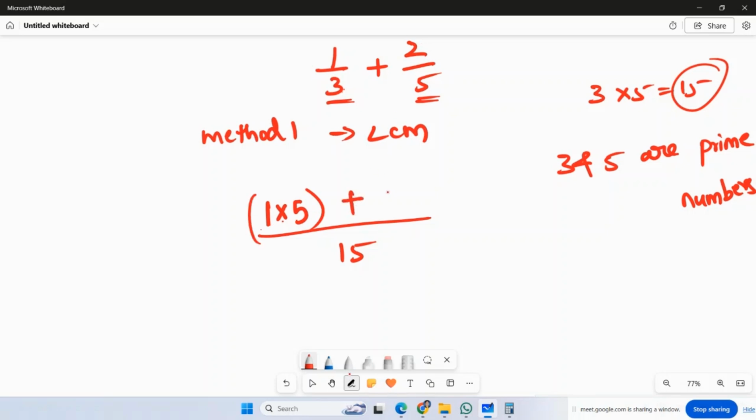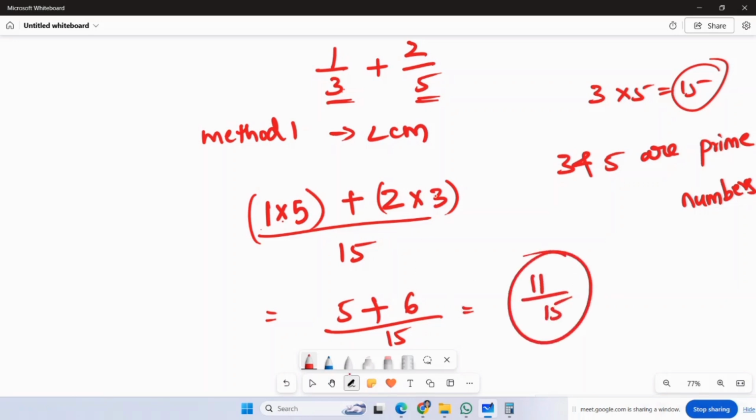In the second fraction, 5 is the denominator, and 5 times 3 is 15, so the numerator 2 is multiplied by 3. So 1 times 5 is 5, plus 2 times 3 is 6, upon 15. 5 plus 6 is 11 upon 15. So 1 upon 3 plus 2 upon 5, the answer is 11 upon 15.